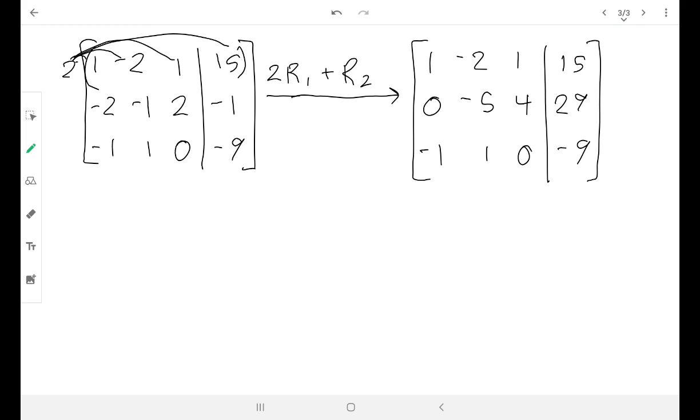When you get real good at these, you can do multiple things with multiple rows at once, but we're not going to do that yet.